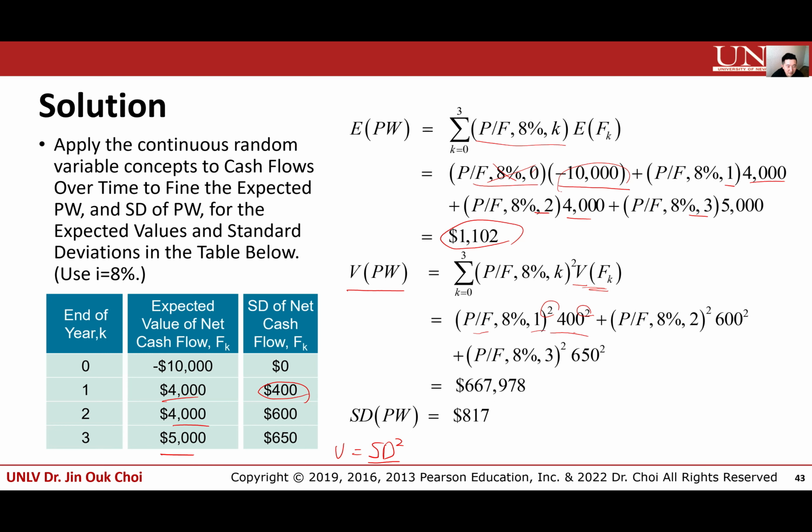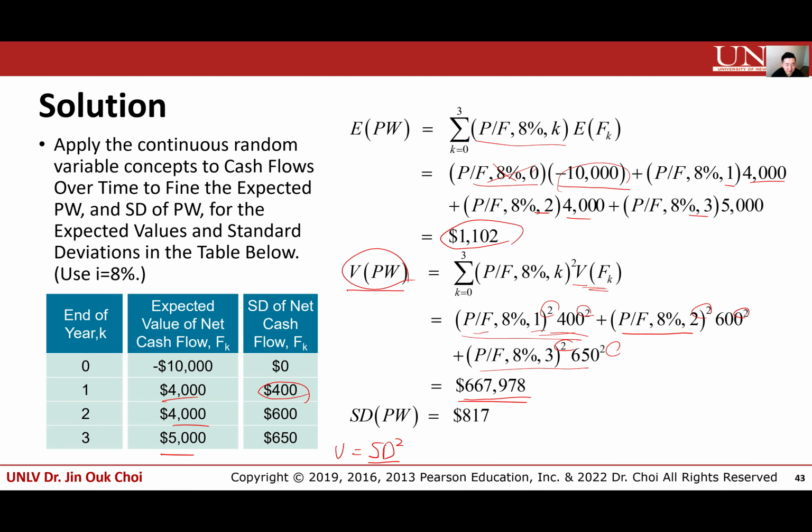Once we do that, it's going to be like this, also squared, squared, squared, squared. Once we calculate that, we are able to find the variance as $667,978.